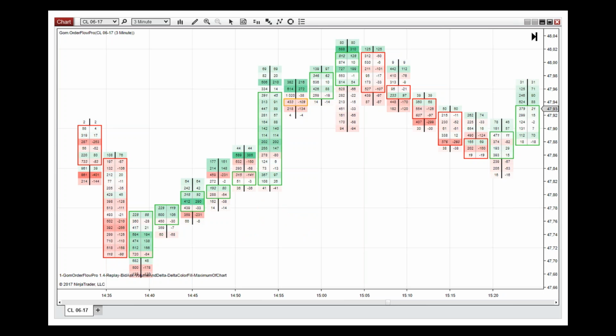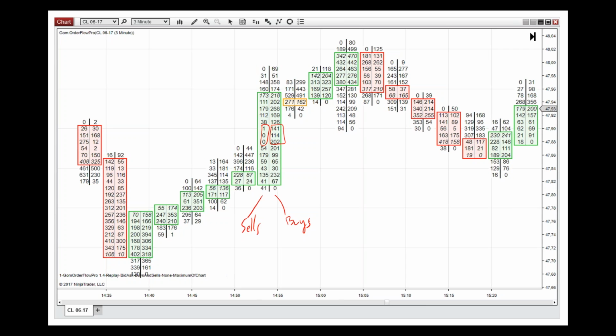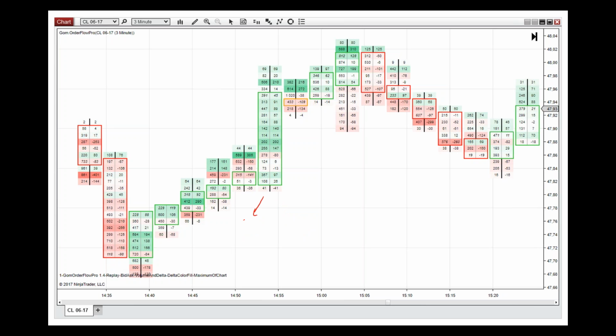Here I replaced the sells and buys by volume and delta. So you have the exact same information, represented differently: here we have the sum of the buys and the sells, and here we have the difference between the buys and the sells. So we are able to grab a little more information.